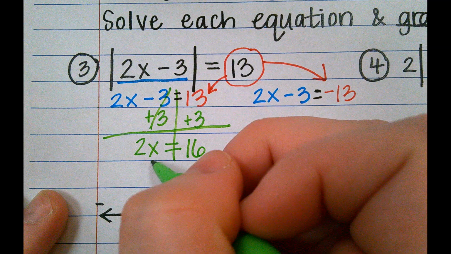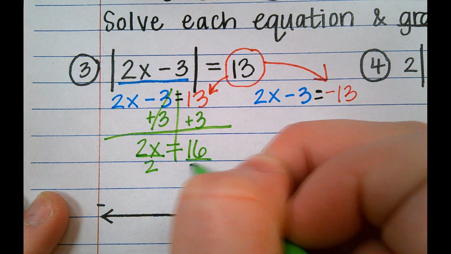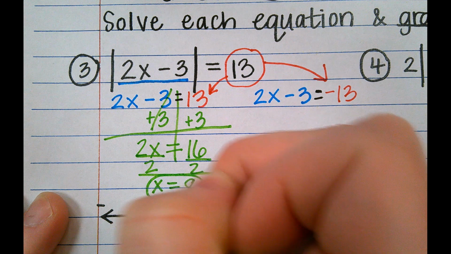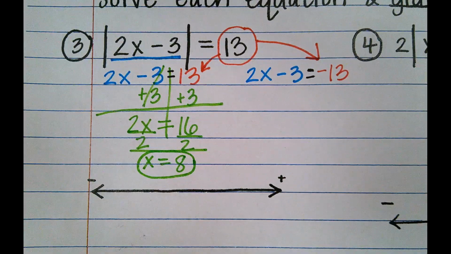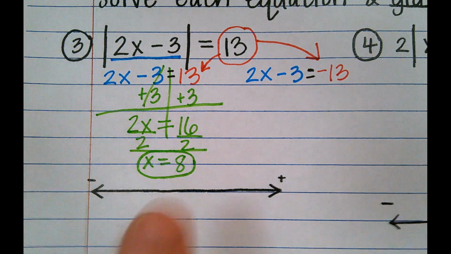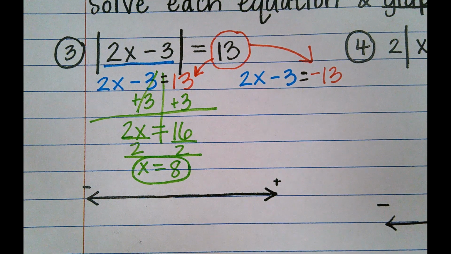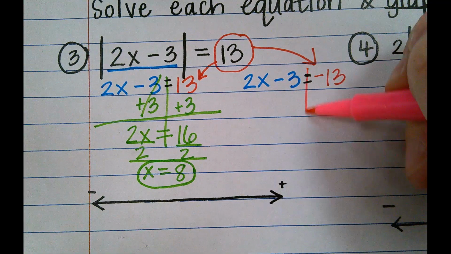Divide by 2. x equals 8. Perfect. I need to quit drawing lines for you guys because I'm making myself run out of room. Okay, so we got our first one, x equals 8. So now let's solve the next one.